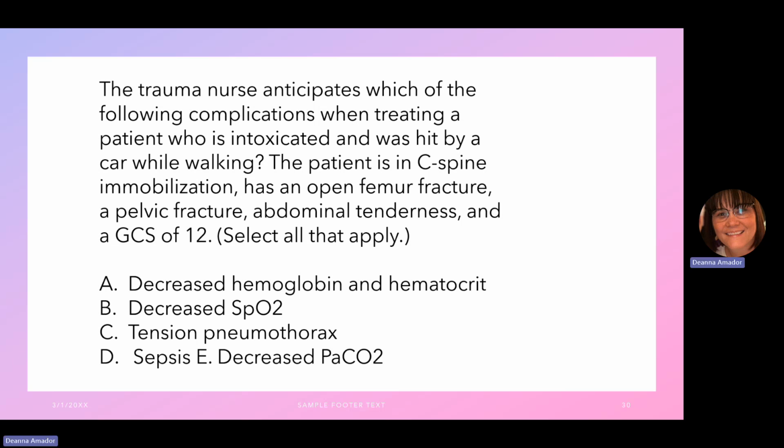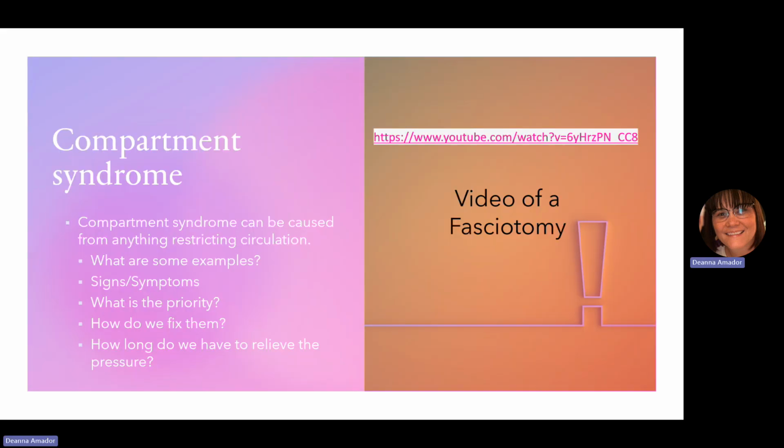Okay, onward. Compartment syndrome. I told my classes that this was not part of your content outline, and to please write it in to your content outline for the next exam, compartment syndrome. So there will be some questions on that.